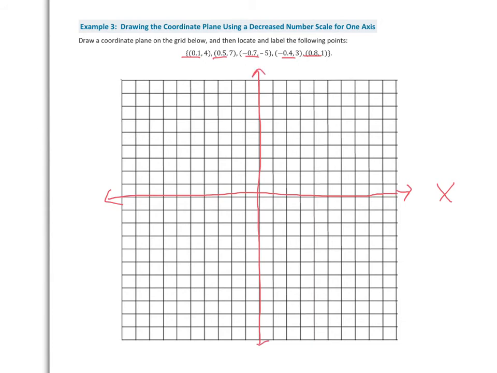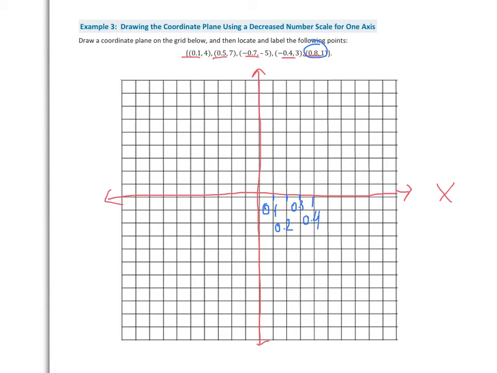Now, the biggest coordinate that I'm seeing, or the one with the most extreme magnitude, is 8/10. So I need to make sure my x-axis at least goes out to 8/10. So how about if we say that each square represents 1/10? So we got 1/10, 2/10, 3/10, 4/10, and so on.